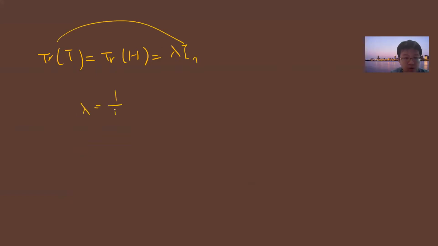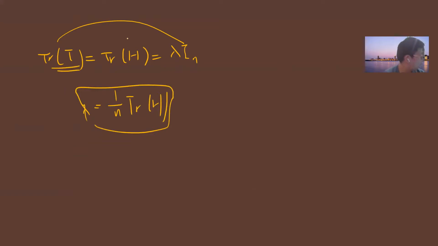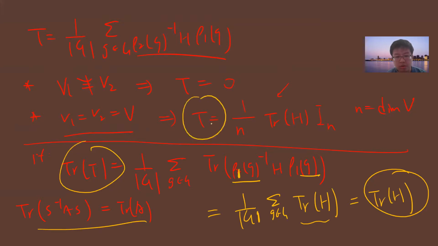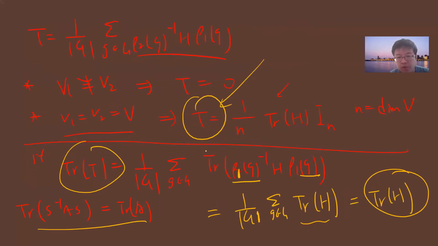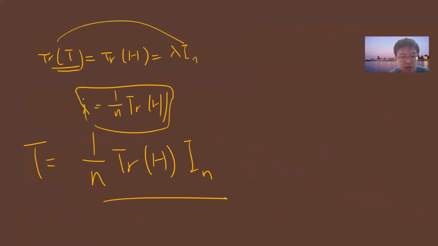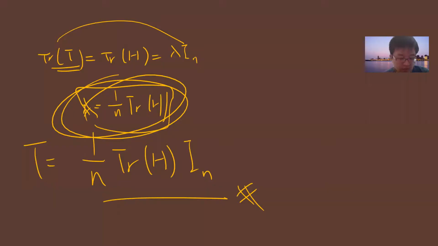That means lambda is 1 over n times trace of H. So going back, your T becomes 1 over n trace H times identity, by just putting in lambda, because T is lambda times identity. Okay, so we just proved it.